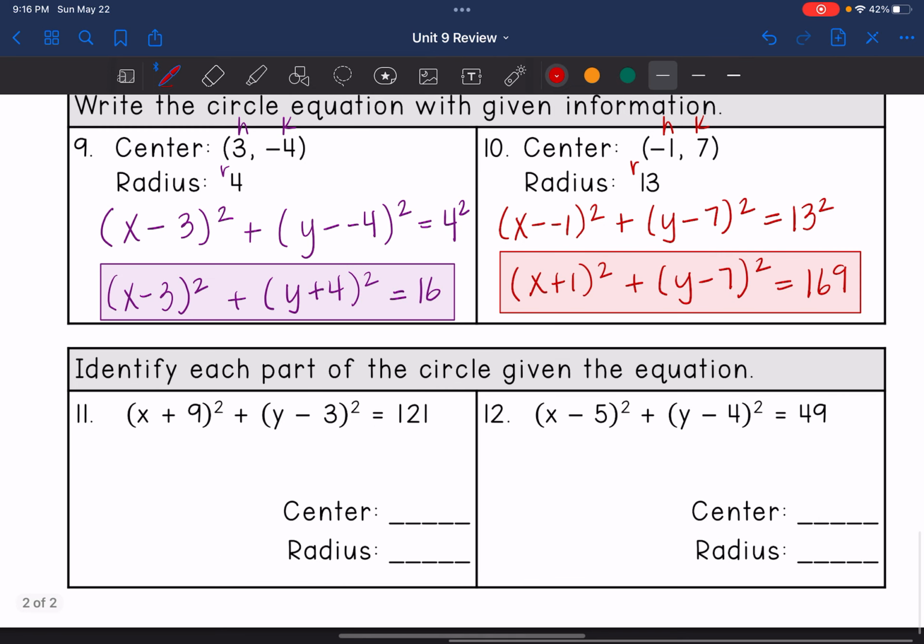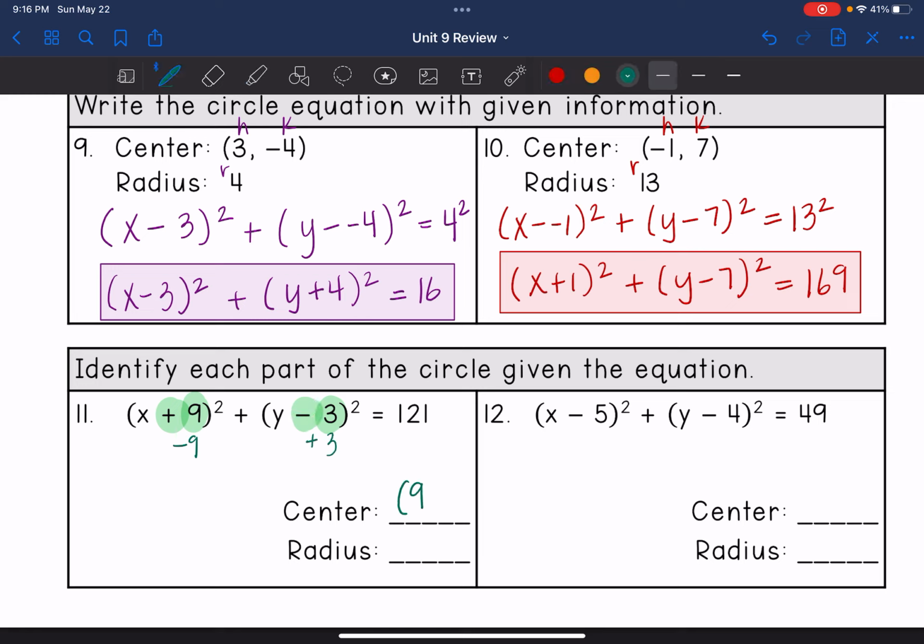Okay, so now backwards, if I already have the equation, can we identify the important pieces? So inside the parentheses is where we're going to find our center. So it's going to be something with 9, 3. But just be careful because this has a positive sign in front of it. So it seems kind of opposite, but it's actually going to be negative 9. And then here we have a minus 3, but this is going to be a positive 3.